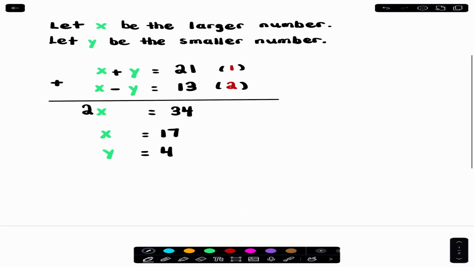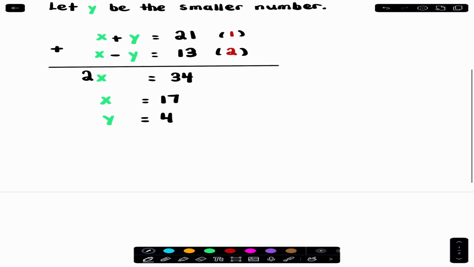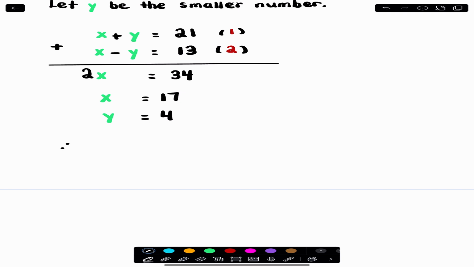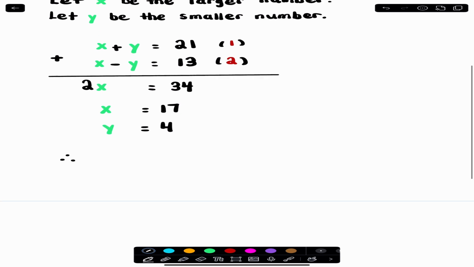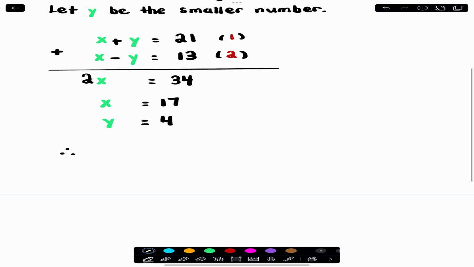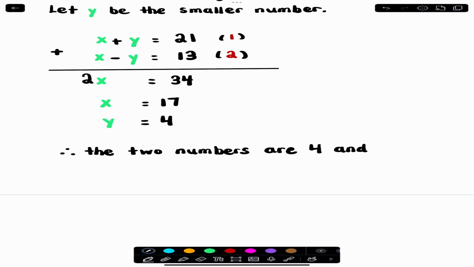So let's write them out nicely. So we can write these little 3 dots means therefore. Therefore, we can say the two numbers are 4 and 17.